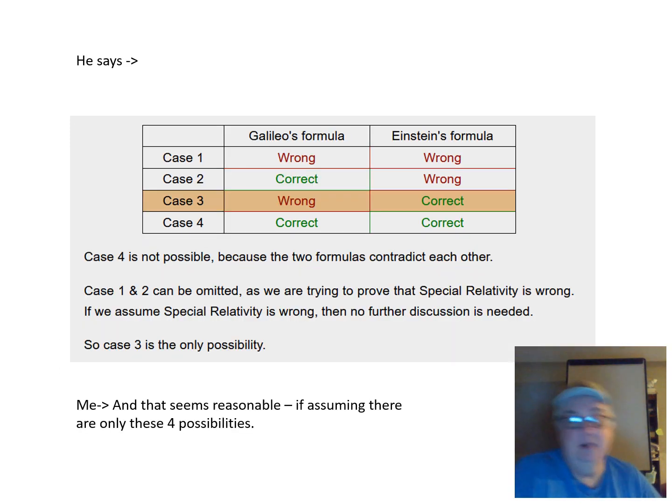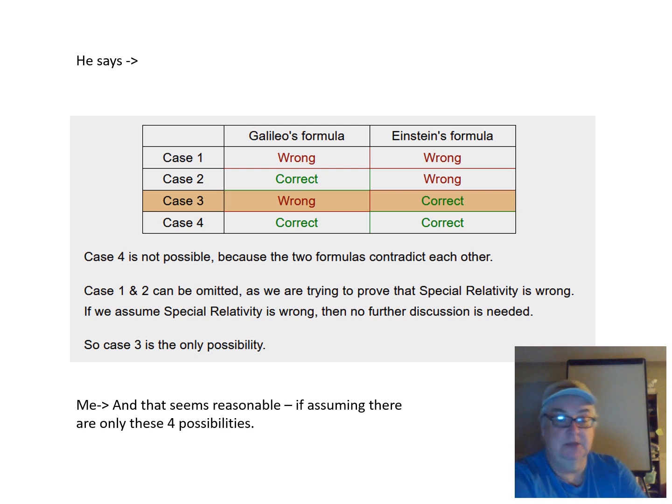So what he says is case 4 is not possible because the 2 formulas contradict each other, while case 1 and 2 can be omitted as we're trying to prove that special relativity is wrong. If we assume special relativity is wrong, then no further discussion is needed, i.e. in case 1 and 2 you're just assuming Einstein's formula is wrong.